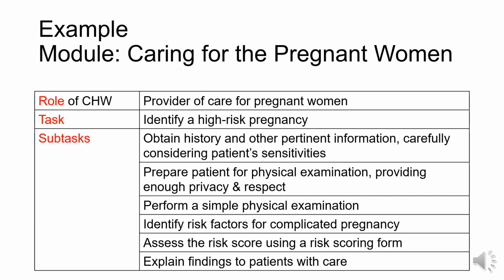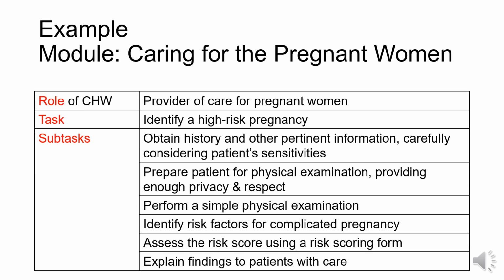As shown in this example on a module on caring for pregnant women, the role of the community healthcare worker is specified as a healthcare provider for pregnant women with its corresponding task of being able to identify a high-risk pregnancy.